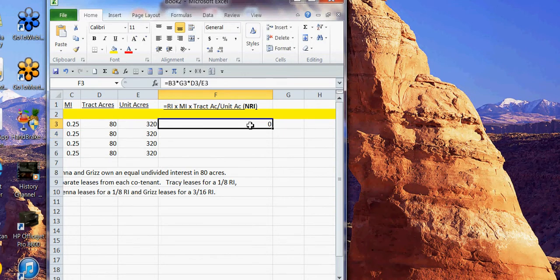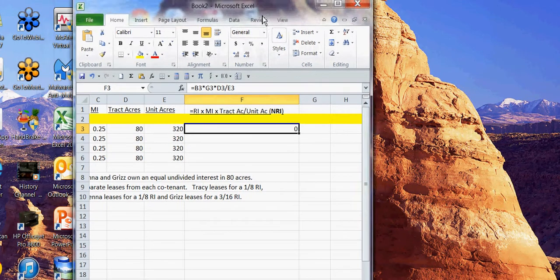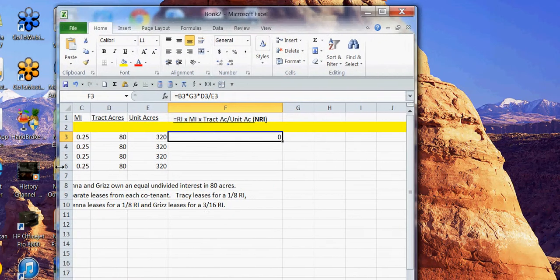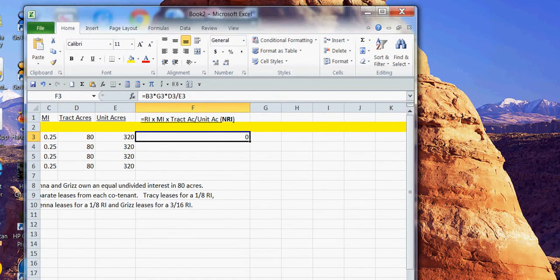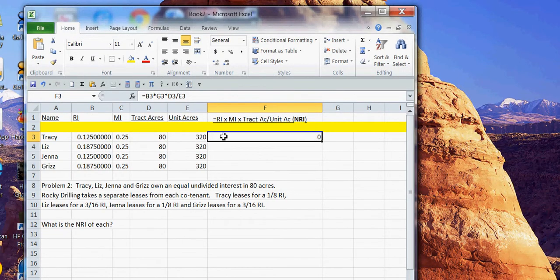Let's try that again. All right, so we're going to say equal the royalty interest times the mineral interest times the tract acres divided by the unit acres. And that is 0.078125 for Tracy.